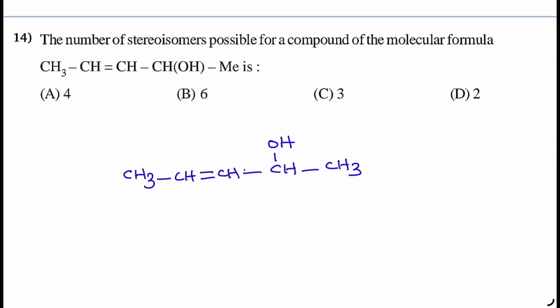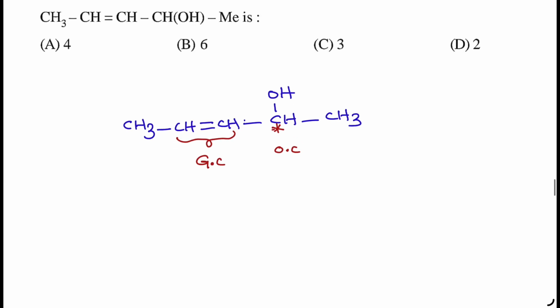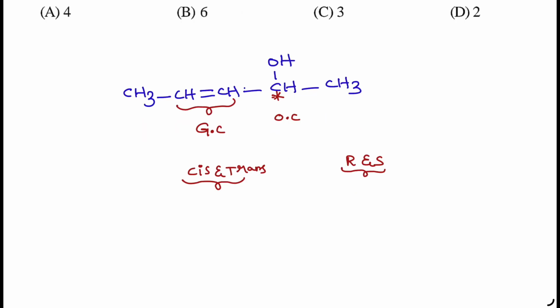So this is the geometrical center and this is the optical center. One geometrical center, so here cis and trans isomers are possible. One optical center, R and S are possible. Totally here we can simply say 2 power 2, 4 isomers are possible.